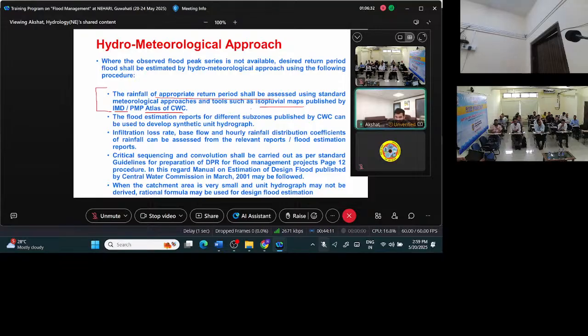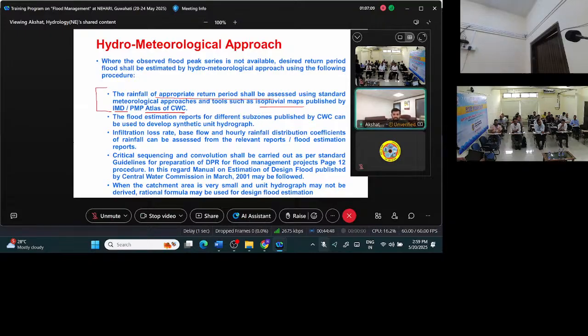There we have a number of station data. So you can find the station which is lying in the catchment or near to the catchment and use the return period rainfall given in the PMP atlas. Obviously, there will be minor differences while using isopluvial or PMP atlas. So both can be used, and the final result would be nearly the same.